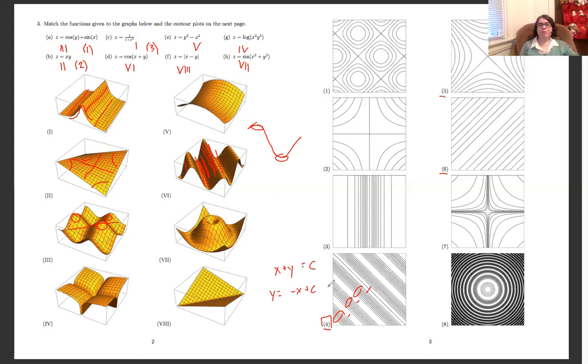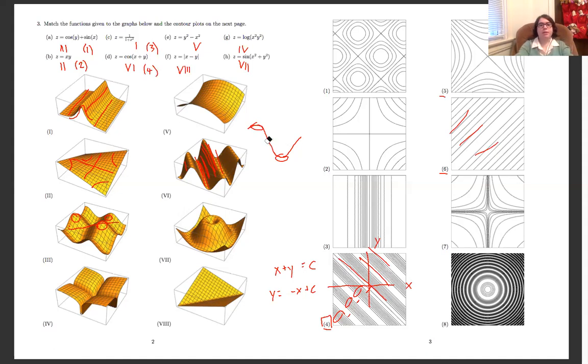And even though I don't know which axis is which, for here I'm probably going to assume this is x and this is y, in which case y equals negative x plus c is going to give me lines that tilt this way as opposed to this way. So I'm going to say that this one should be 4.